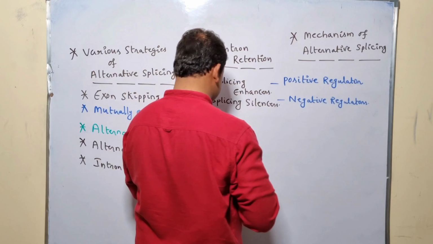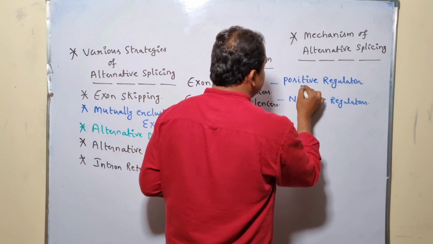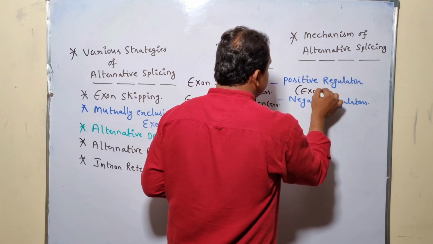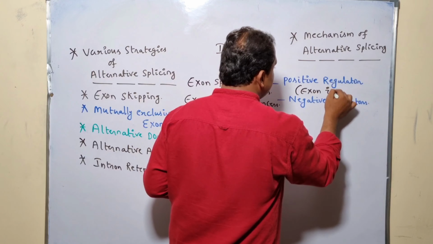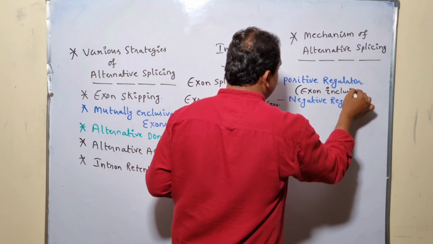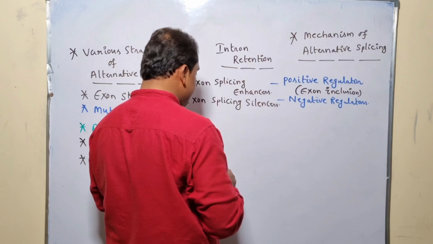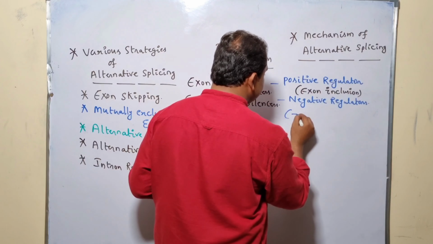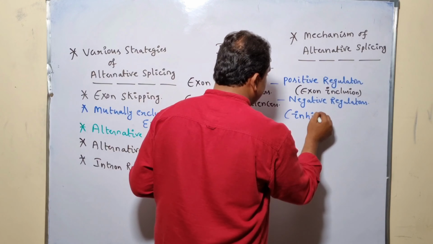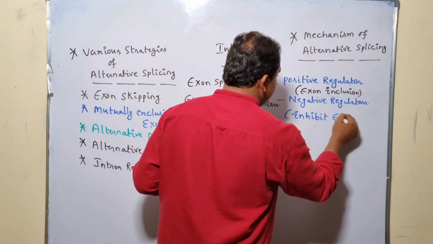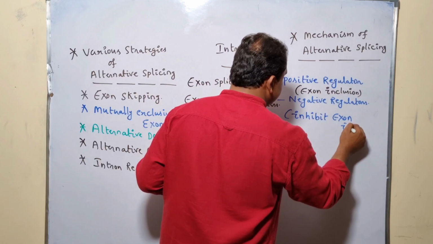So let me write it here. Exon inclusion. And whereas the negative regulators inhibit exon inclusion.